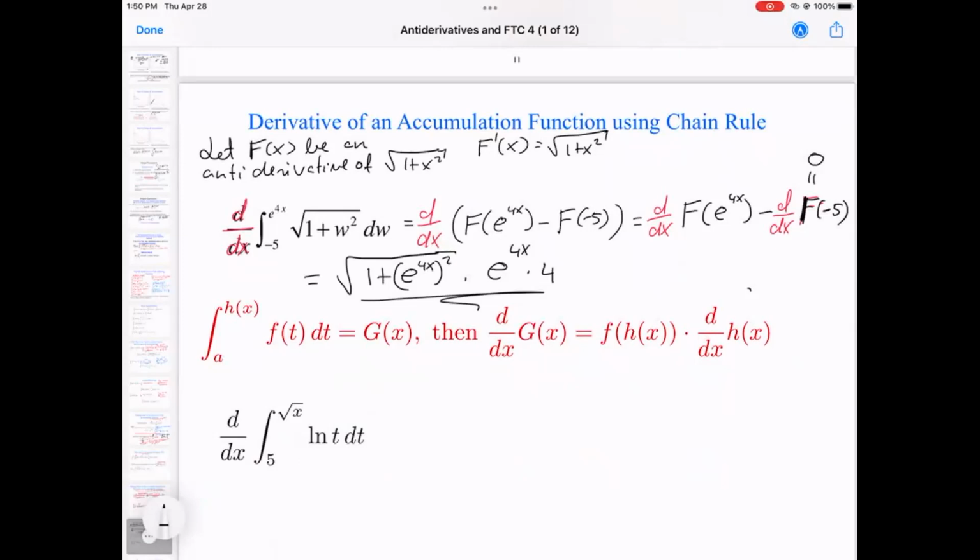That makes sense? So you don't have to remember this formula if you understand the fundamental theorem of calculus. You could derive it all the time, or just remember the formula. I don't think it's that hard to remember if you understand what's going on.